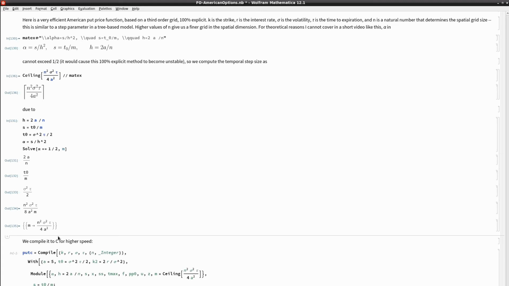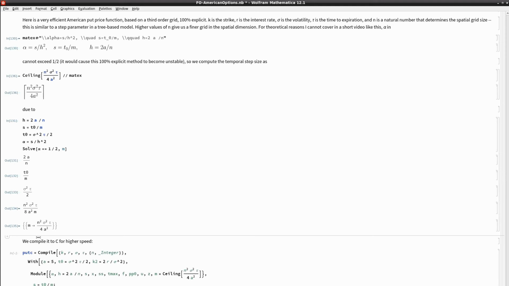So this is one way to compute the temporal step size parameter directly as a function of the other inputs. I want to have this done automatically because the original method was using n and m independently, n for the spatial step size, m for the temporal step size.